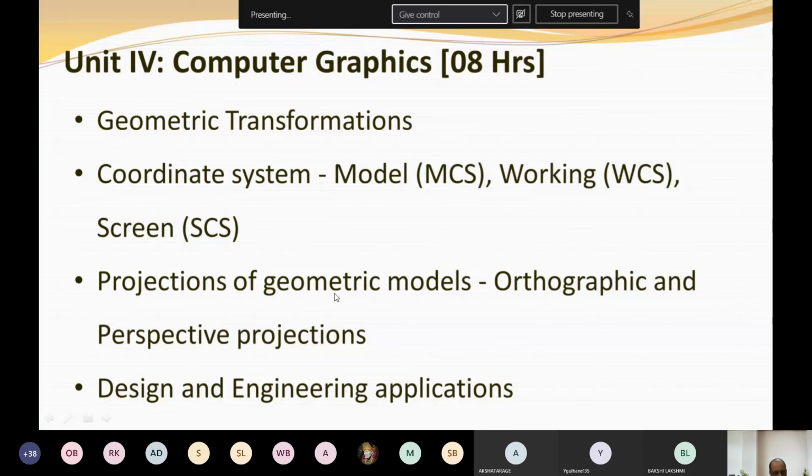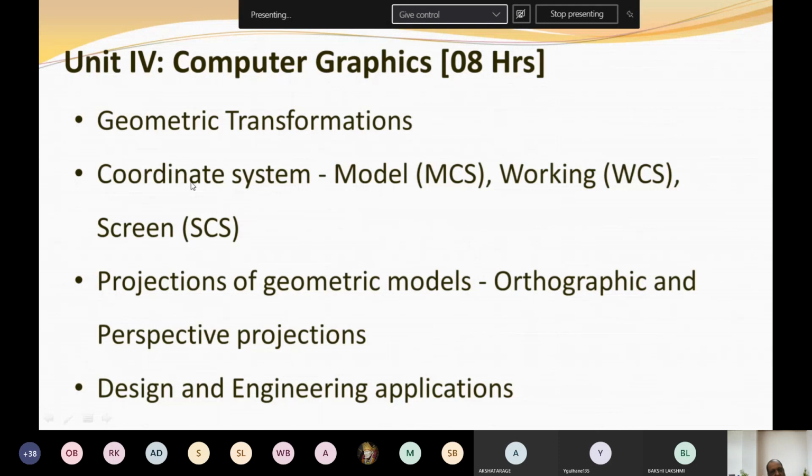We will see these things in a better way whenever we are using a particular software. Then projections. Once we define a particular solid model, it is easy to generate the drawings. We have created drawings like front view, side view, top view, bottom view, left hand side, right hand side, back view. Different views we can have for a particular component.